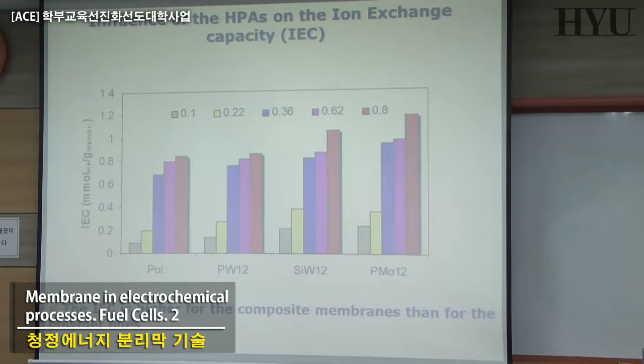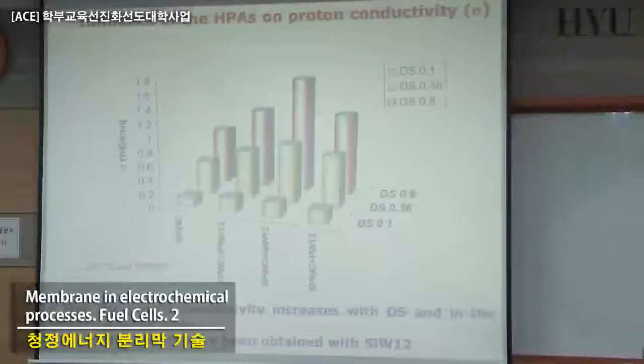When there's no acid, the ion exchange capacity can change significantly from the single polymer to the one added with the superacid. The IEC is higher for the composite membrane than for the polymer one, as expected, otherwise there would be no reason for doing this.